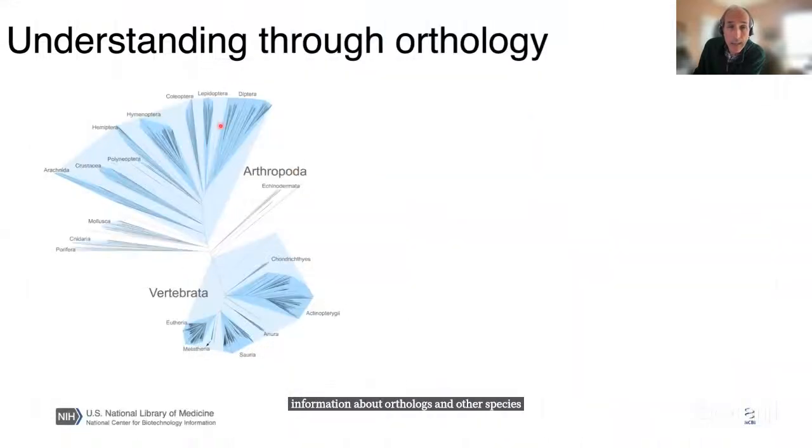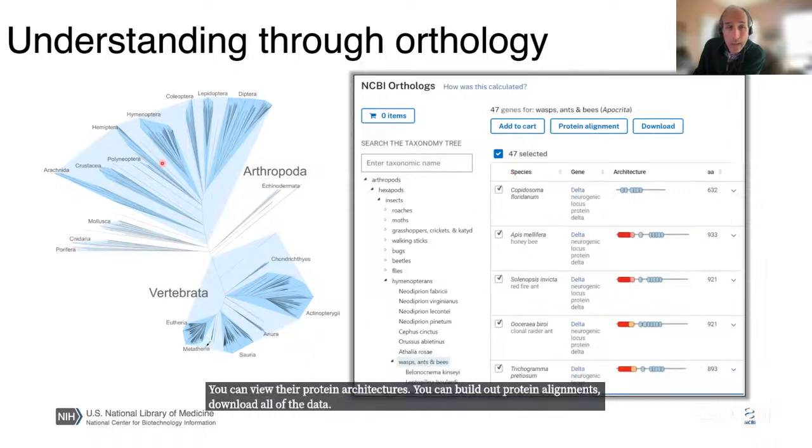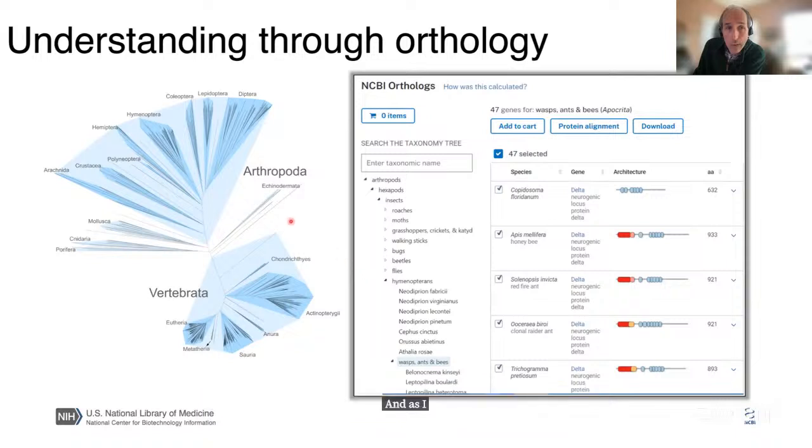This is a data set we currently have for over 1,000 species of vertebrates and arthropods, and keep expanding that. We have web pages that let you explore these sets of orthologs, view their protein architectures. You can build out protein alignments, download all of the data, and as I said, we're continuing to expand the set of organisms that are available here.